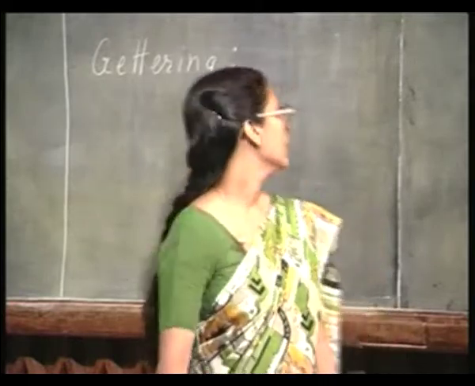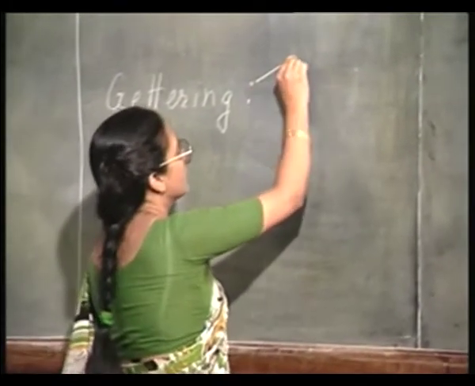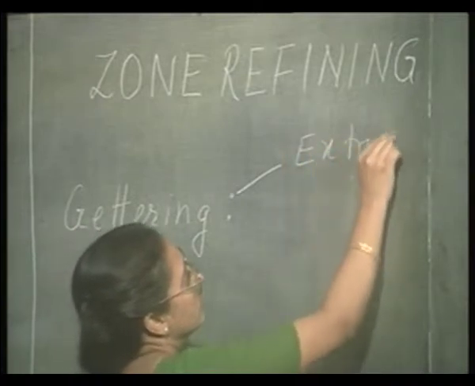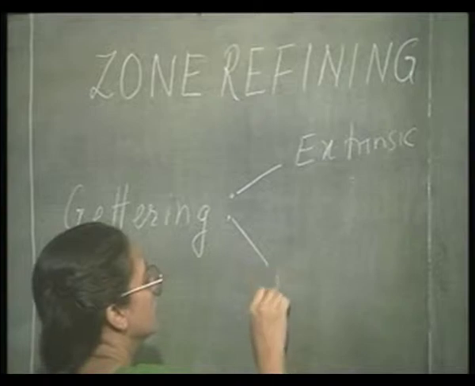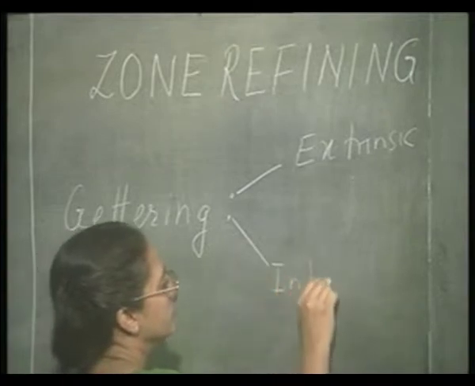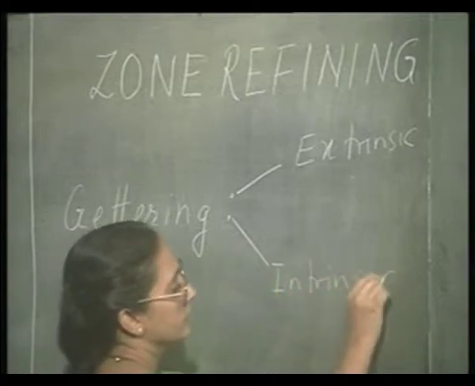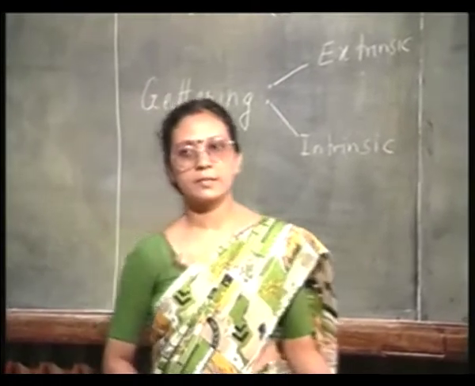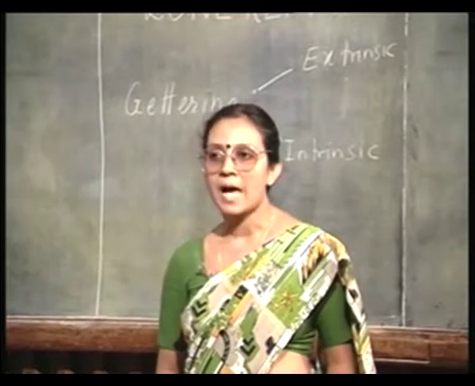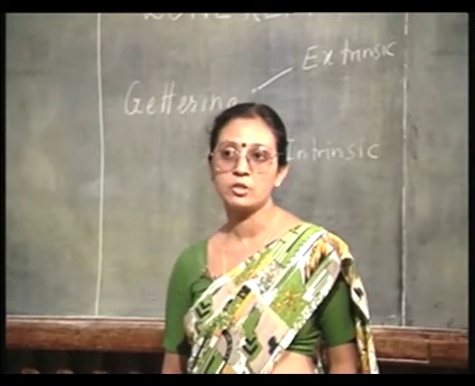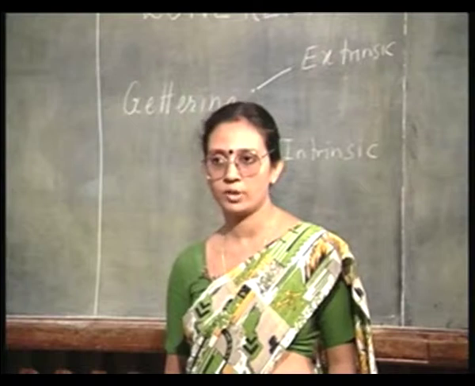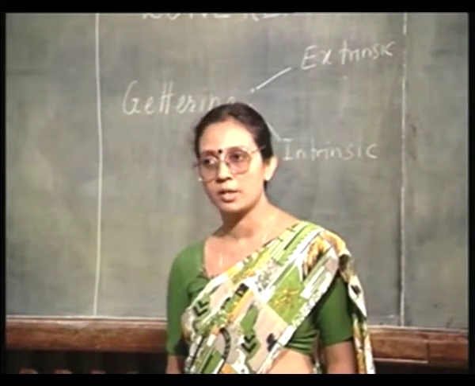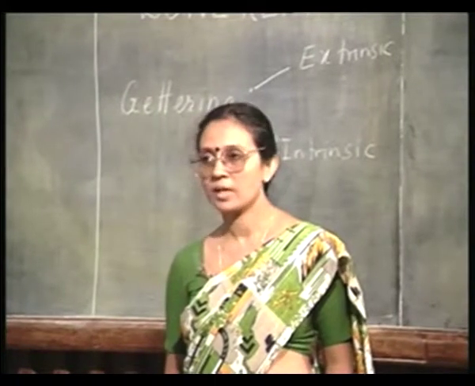This can be done by gettering, and the gettering can be extrinsic or intrinsic. By extrinsic gettering, what I mean is the back side of the wafer, the not polished side of the wafer, is subjected to laser abrasion or electron irradiation. What will happen?